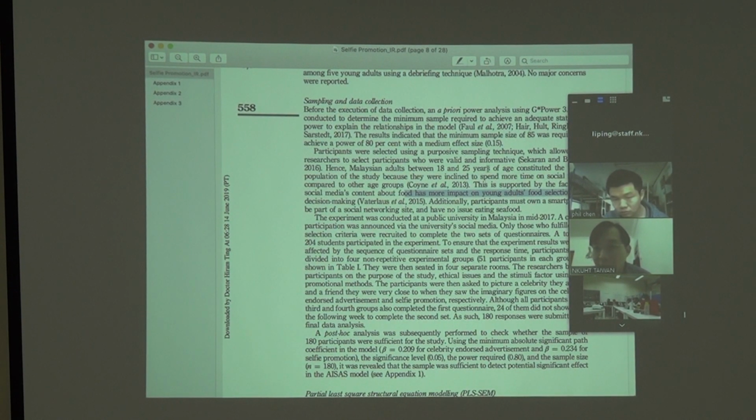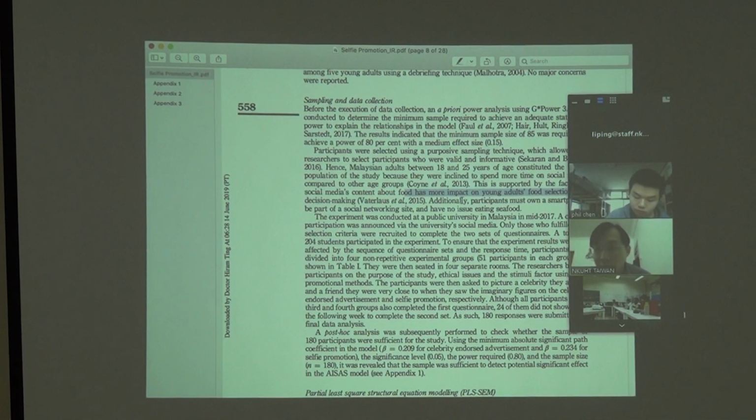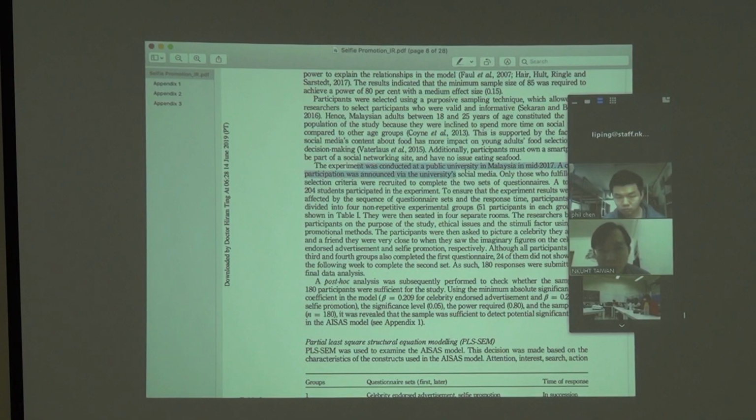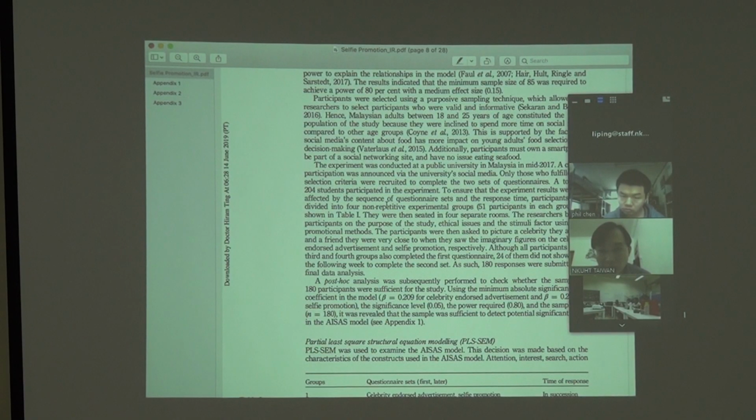Why food? Because the context of the study is a seafood restaurant. So these are some of the criteria I set. Then the experiment was done. Here, how it was carried out, how many students, and then I divided them into groups.